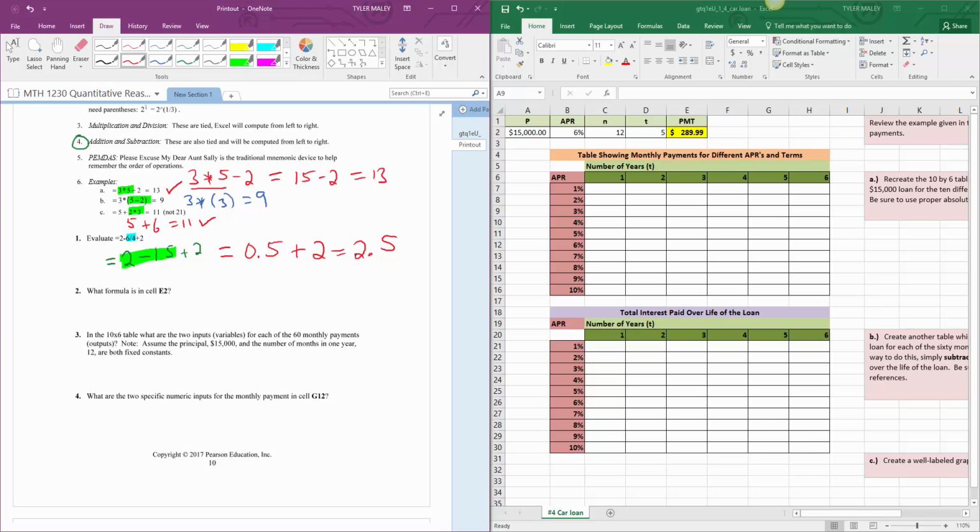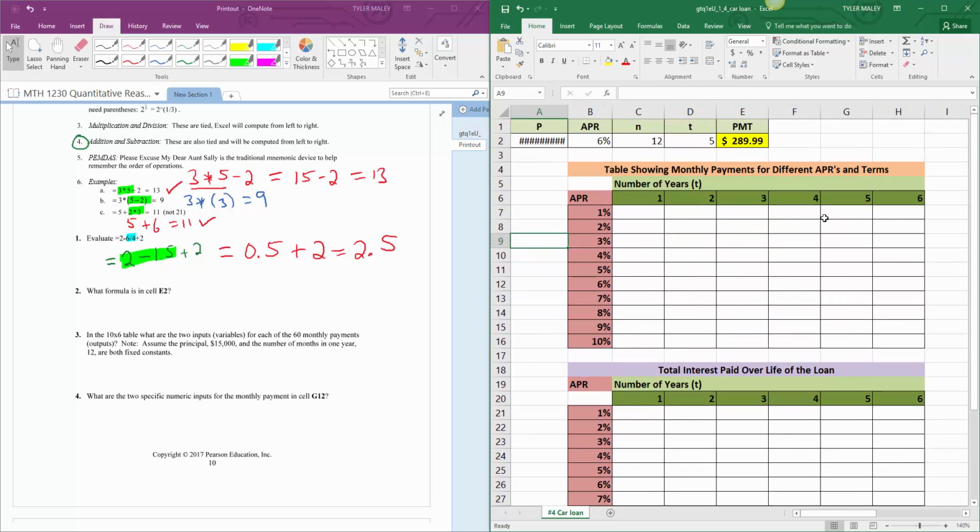So then number 2 says what formula is in cell E2? So if we look here in Excel, let me zoom in a little bit for now. We're talking about this cell here, E2. So you can already see that they already gave us the formula for this.